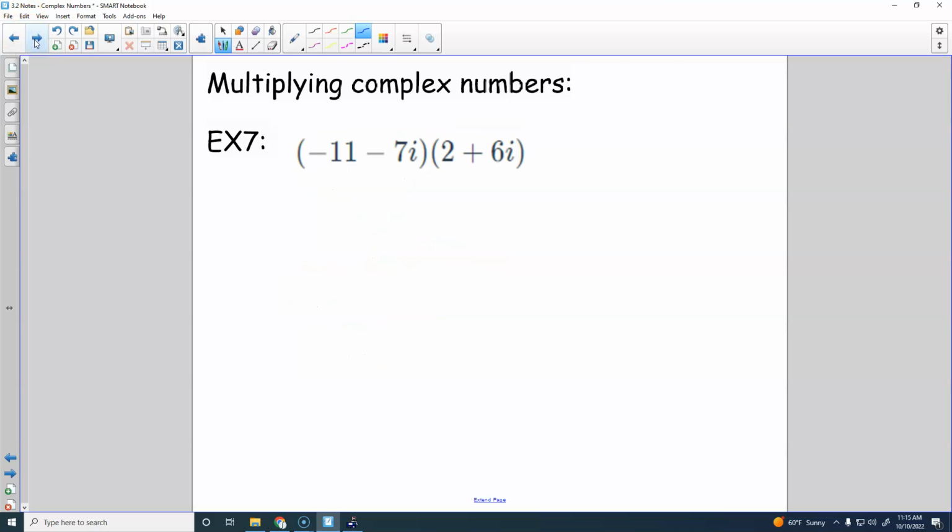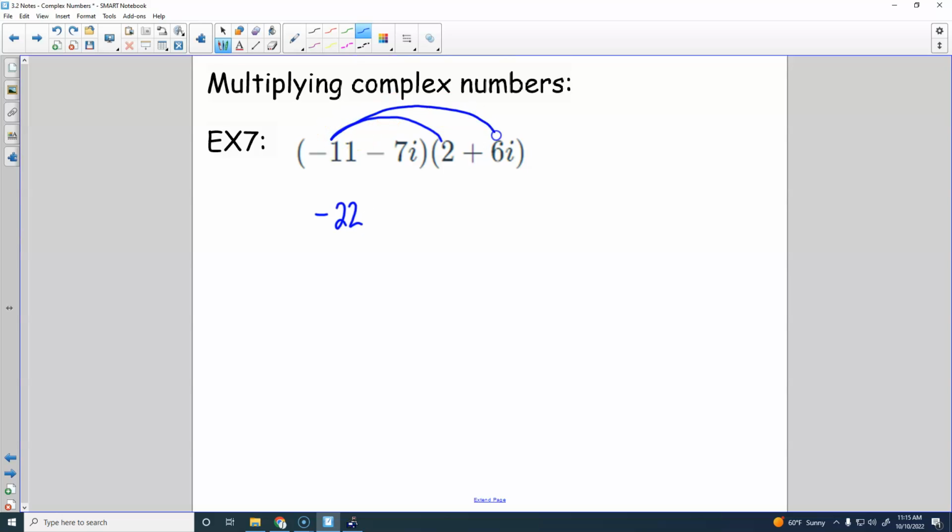Multiplying complex numbers is very similar to what you do whenever you just multiply two binomials together. Like if we were just multiplying -11 minus 7x times 2 plus 6x, we would begin the problem the same way. This is just going to have one extra step at the end. Okay? So if we're multiplying these together, we have to distribute, right? We got to do -11 times 2, which will give us -22.